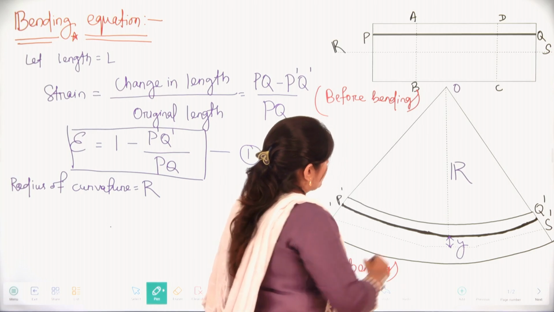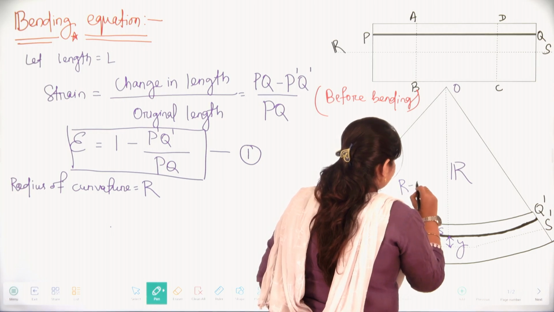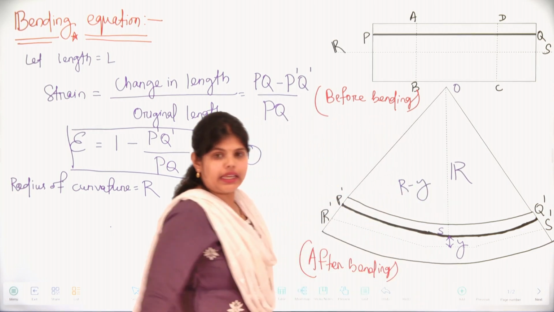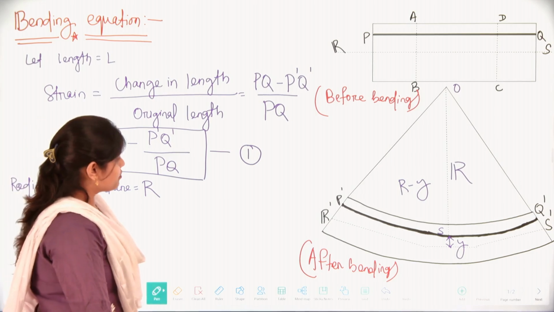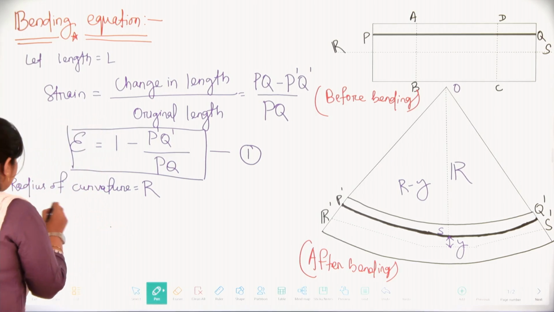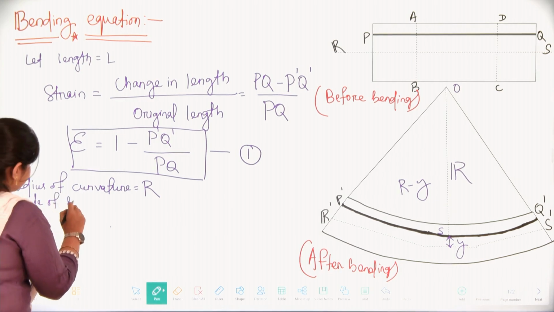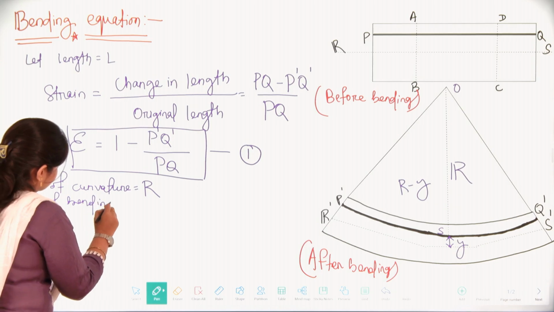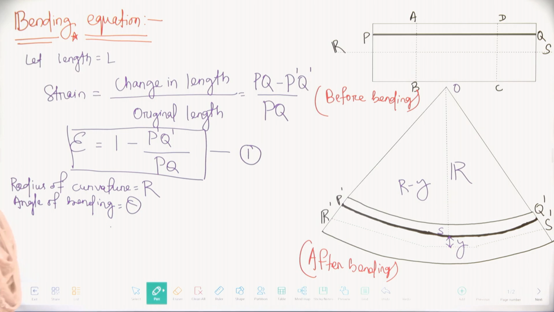So the whole O to S is R minus y. And the angle of bending is theta.